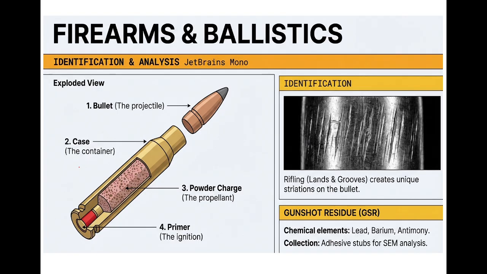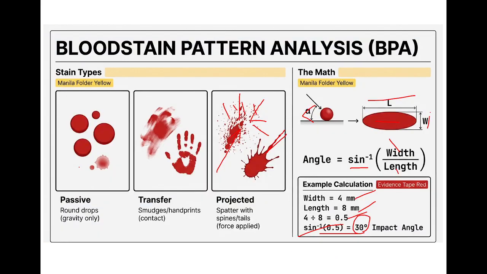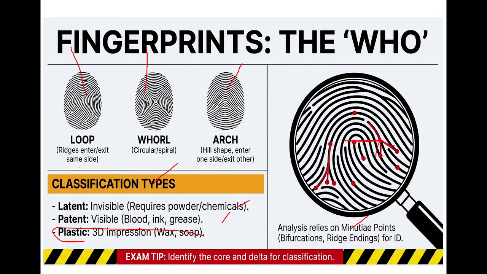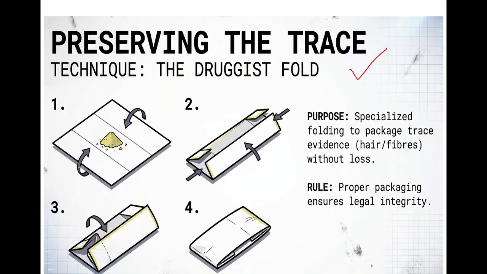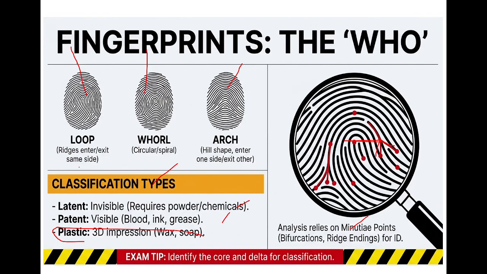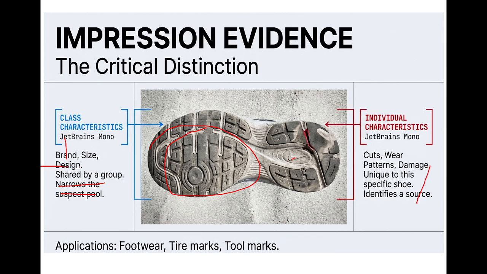So the other part is firearms and ballistics. Let's quickly go back. We started with fingerprints because I promised that we're going to focus on physical evidence: fingerprints, different types, and footprints, tire marks, tool marks, everything else.